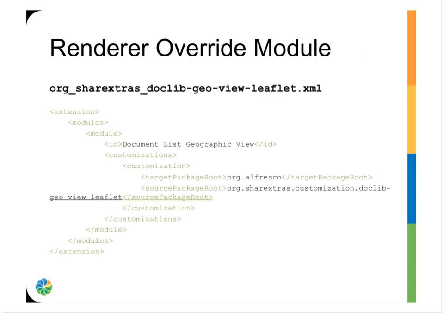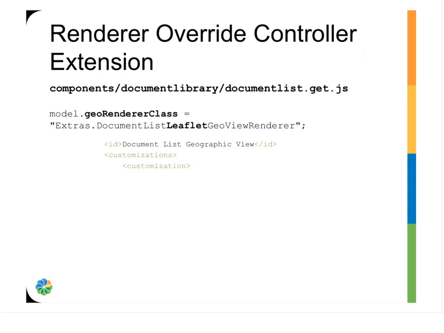Very similar, except that I've got a slightly different file name. It has Leaflet on the end, and the source package root again has Leaflet on the end. But I'm extending the same components here. If you see that path there, again it's components document library document list.get.js. It's the same file that I had up before.